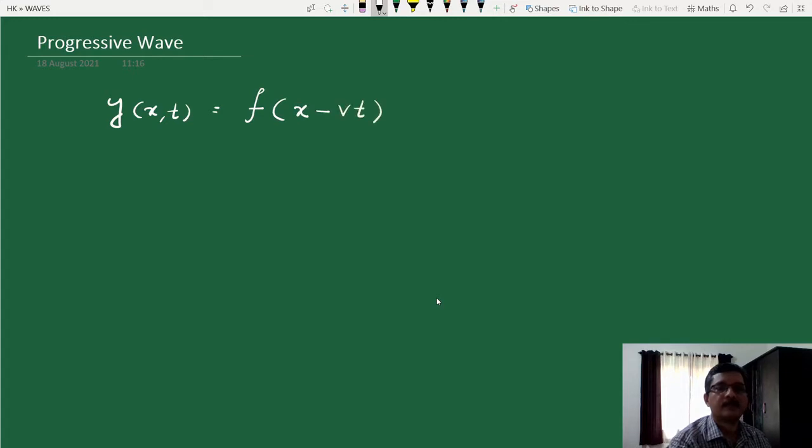It depends on position and time in this combination, x minus vt, where v is the wave velocity, also called phase velocity.